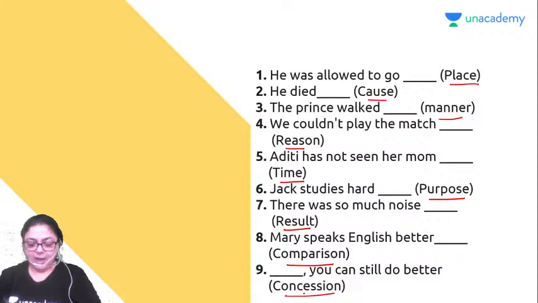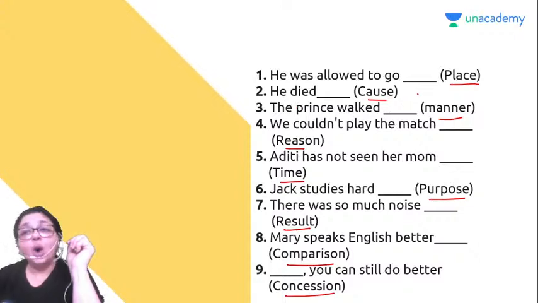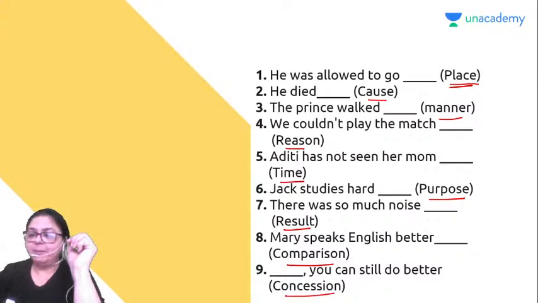Okay, so now that we have these, we know which adverb clause each stands for, and we are going to try and complete the sentence with those adverbs. Okay, so now what are we going to do? My first sentence: he was allowed to go. Now I want an adverb of place.